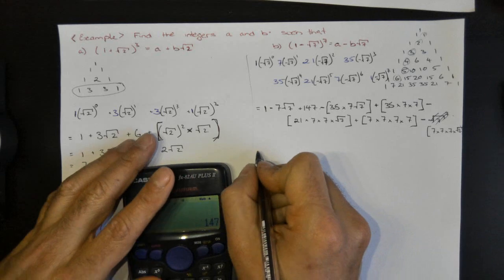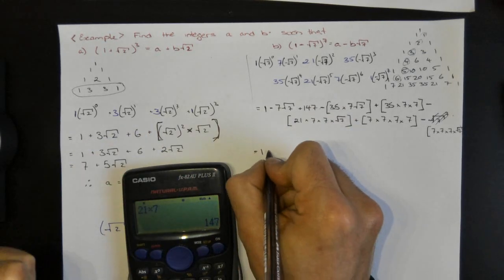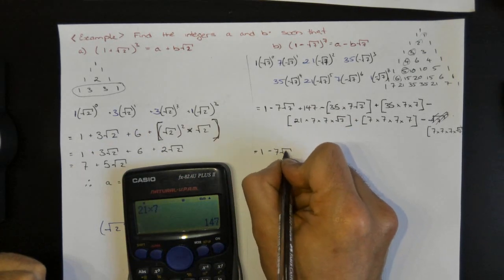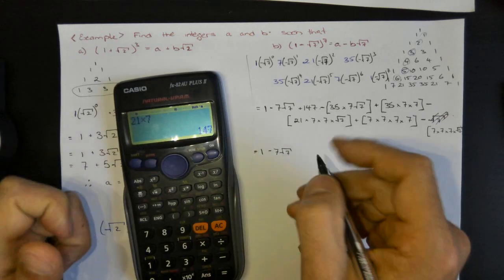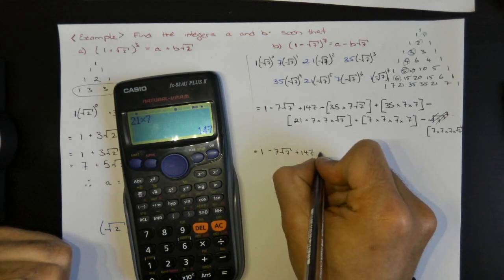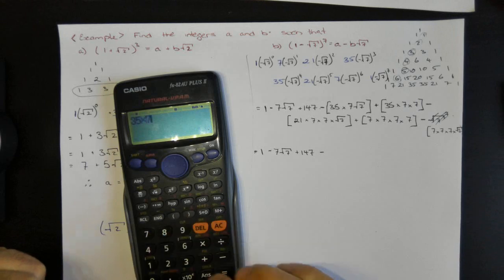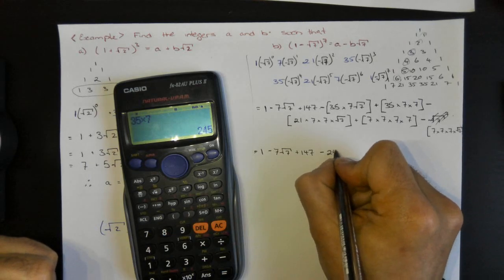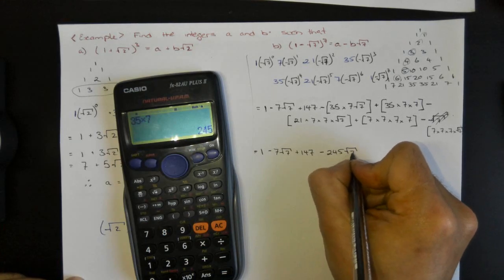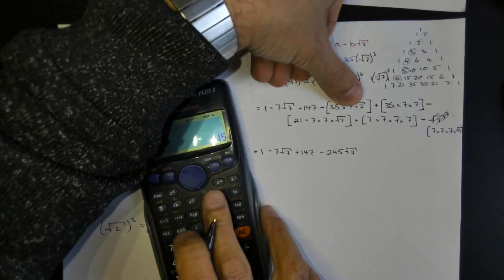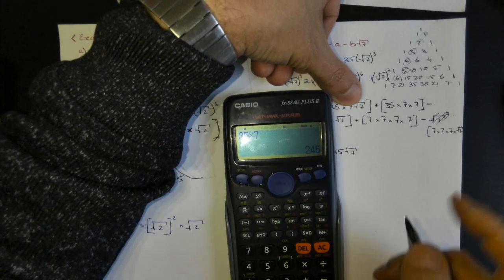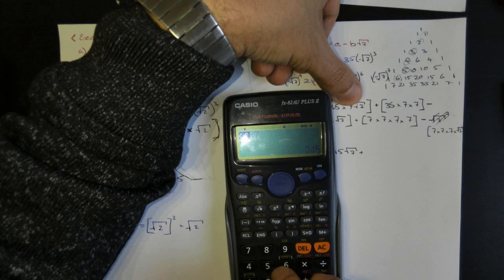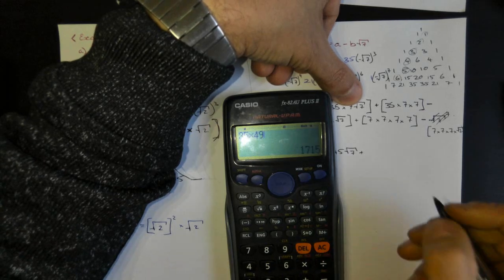Okay, so we've got 1, 7 squared plus 147. 35 times 7 is 245 square root 7. Next term is going to be positive, 35 times 49.